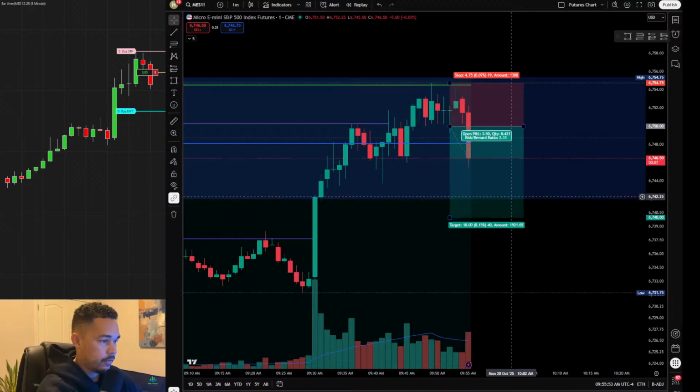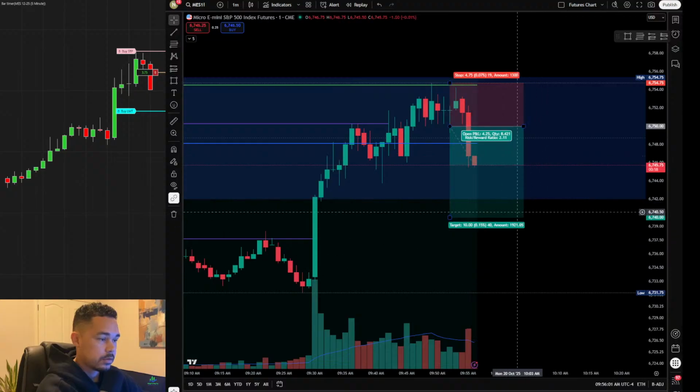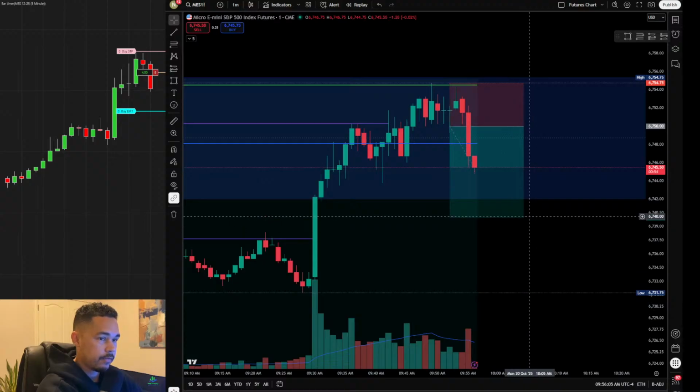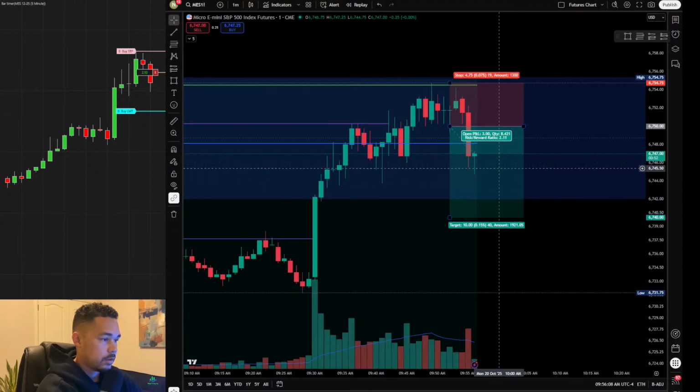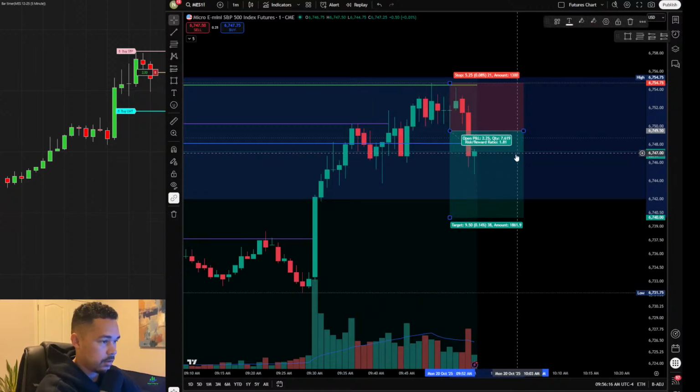Right now I'm going for a 1 to 2.11 risk to reward. Stop is at 6740. Let me make sure I got my entry correct. 6749.50. See where we're at currently.